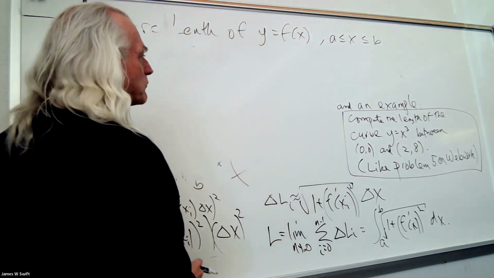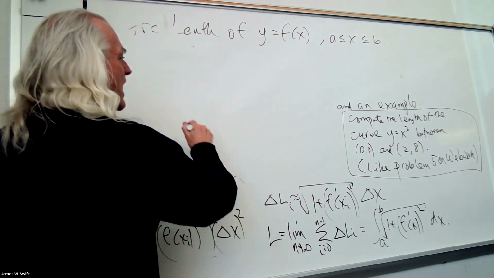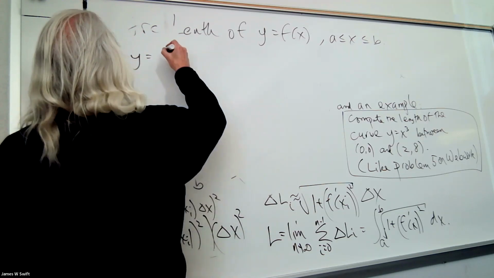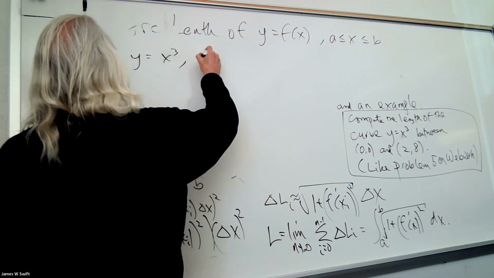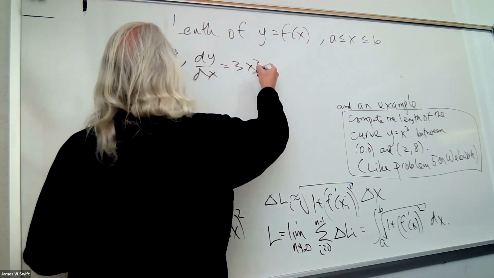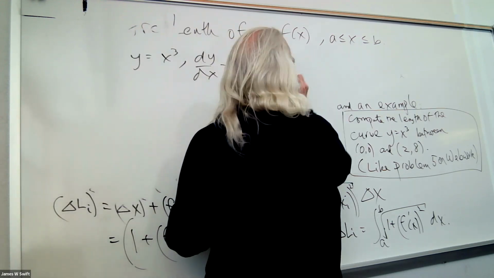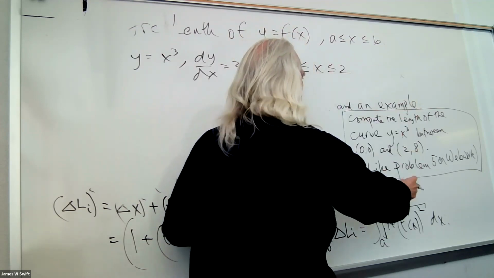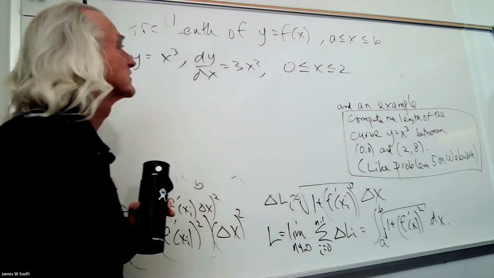So let's do that example. We have y equals x cubed, so dy/dx is 3x squared, and 0 less than or equal to x less than or equal to 2 is the important part of this.